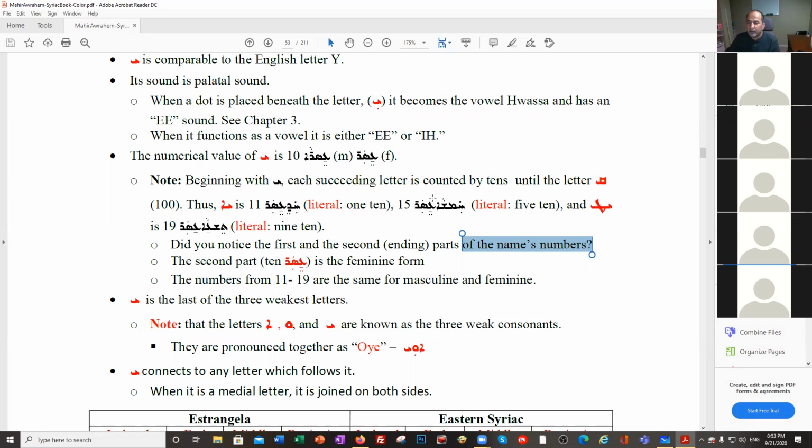Khamshasar: male 5, female 10. Always the 10 is going to be in a feminine form from 11 to 19, and 1 to 9 is going to be in a masculine form. Khamshasar, khadesar, taltasar, arbasar, all this is going to be like that.